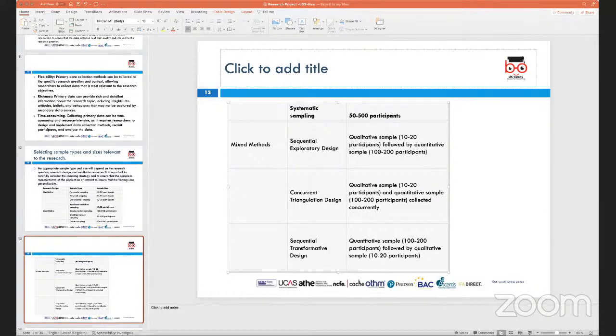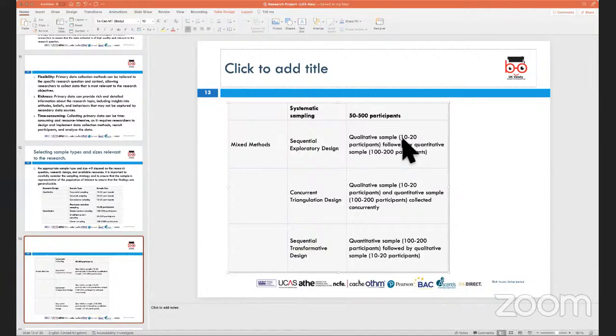Now, what are the differences between the two? If I have to explain very briefly, the exploratory sequential mixed method design is characterized by an initial qualitative phase of data collection. It starts with 10 to 20 participants. So it is a qualitative sample, which is then followed up with a phase of data collection that expands into what is called a quantitative sample.